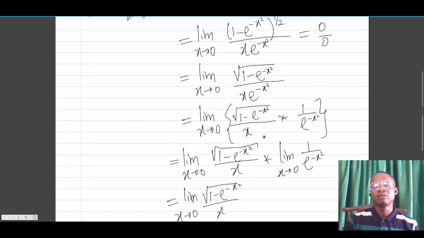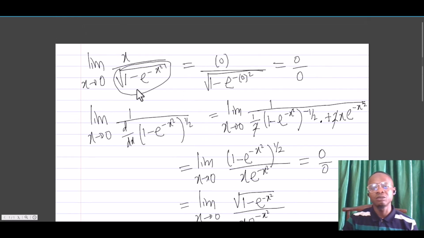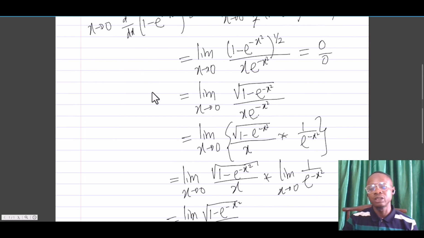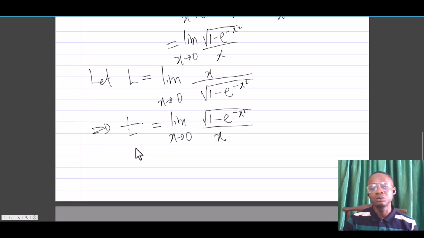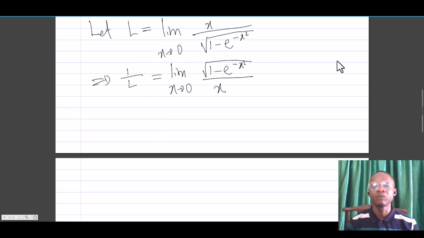Now, what we have here is saying that the limit of x over root of 1 minus e to the power minus x squared is equal to the limit of its inverse. That means L is equal to 1 over L. And so we can use that to get some idea of what the limit might be. How did we come about that?